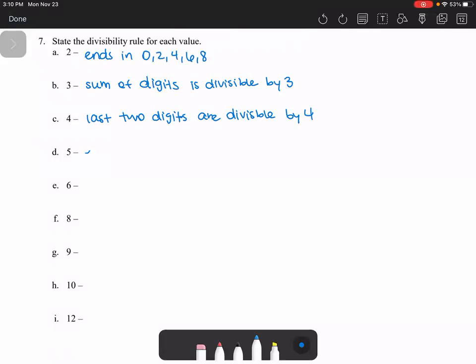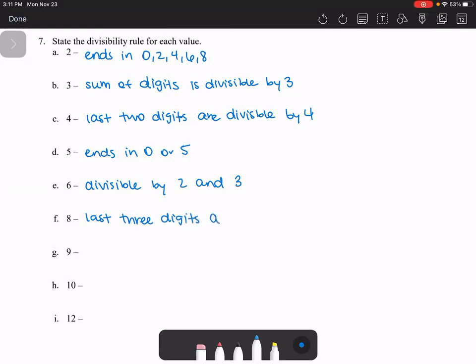For 5, the number has to end in a 0 or a 5. For 6, it has to be divisible by 2 and 3. For 8, the last 3 digits are divisible by 8. For 9, the sum of digits is divisible by 9.